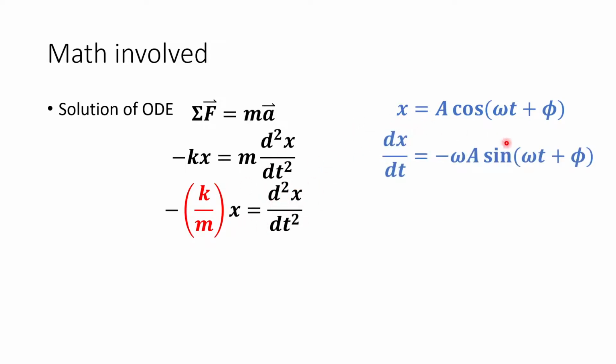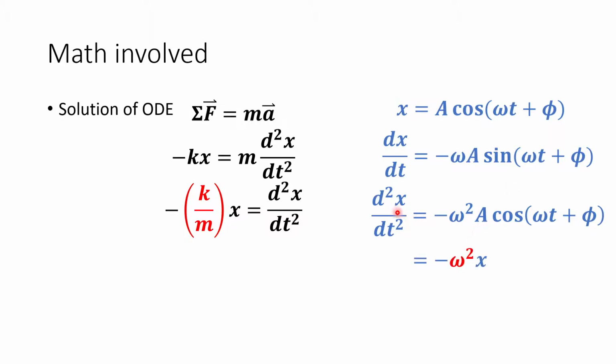If you differentiate it once, an omega comes out, and the cosine becomes minus sine. If you differentiate it once again, another omega comes out, and the sine becomes cosine. So here is where things get a little funny, because the cosine of omega t plus phi is similar to x, so this entire term can be called x.